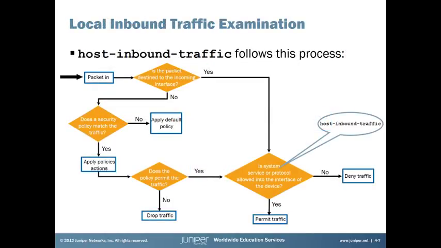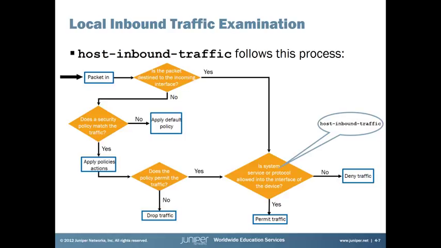So let's take a look at the host inbound traffic. The packet comes in. Is the packet destined to the incoming interface? Yes or no? Why would a packet be destined for the incoming interface? What does that even mean? Destined for the incoming interface. To the specific interface? Yeah. That means that the destination address on the packet is the same address as the interface.